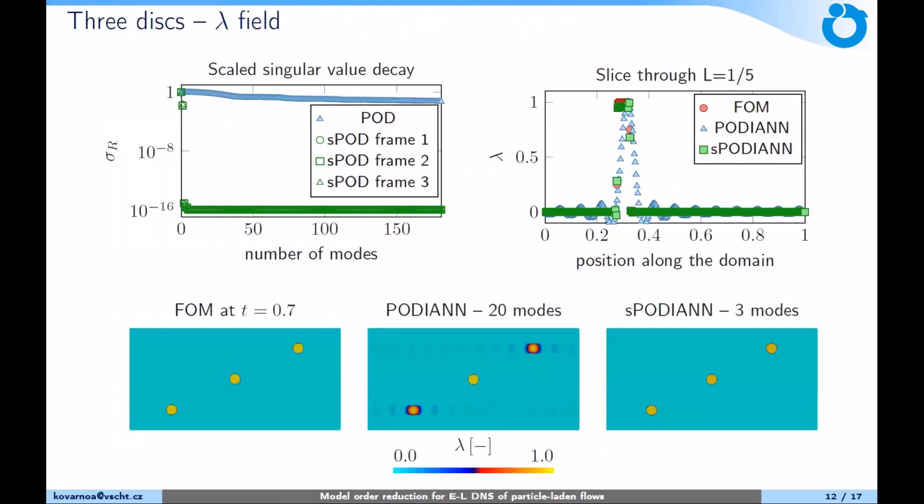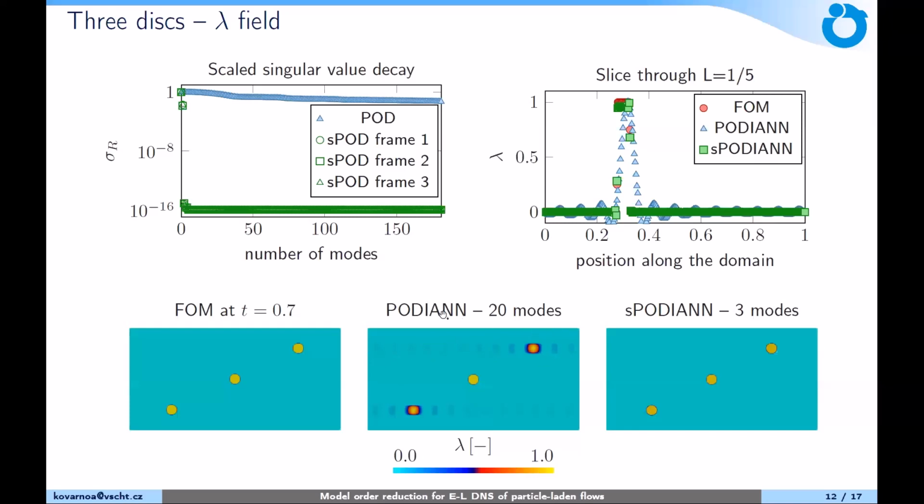When we see some results of model order reduction, we can see that for simple POD, the singular value decay is extremely slow, and also the approximation is not of very good quality. Even if we use the first 20 modes, there are still major oscillations present because POD wasn't able to capture the transport.